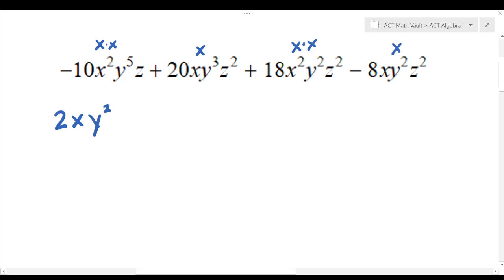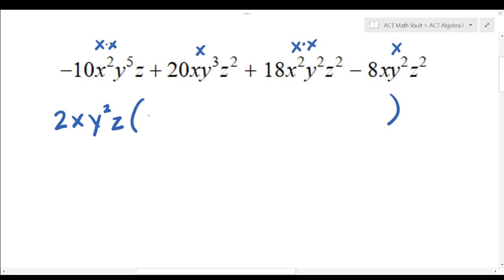The greatest number of z's I could pull out of all 4 terms that is common is 1z. Meaning I couldn't take, let's say, 2 z's out because there's only 1 right there. You can't take 2 z's out of 1 z. So you always have to go for the lowest exponent amongst all of the terms that you're comparing.